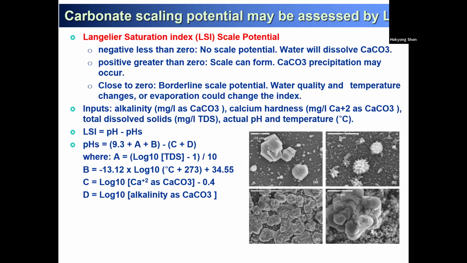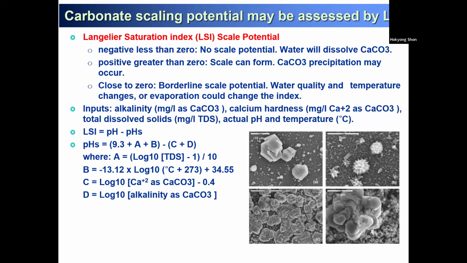So when you have a higher pH, you will have a higher positive LSI value. When you have a low pH, you have a negative or less than 0 LSI value, which means no scaling, no fouling. So LSI value, calcium, pH, carbonate, temperature, total dissolved solid as aggregated information.